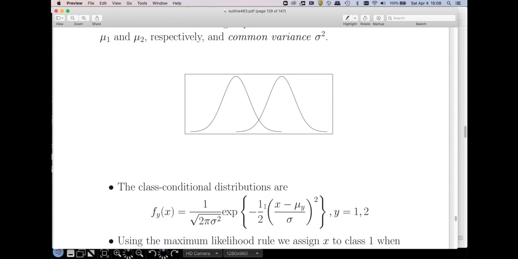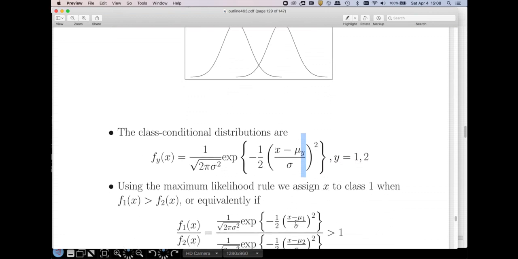So the equation of one of these curves is this thing. A couple things to note about this. First, I have a subscript for the mean, so I have mu1 and mu2 in this case. Second thing you should notice is that your sigma squared does not have a subscript. That's because the variance is common across the two groups.